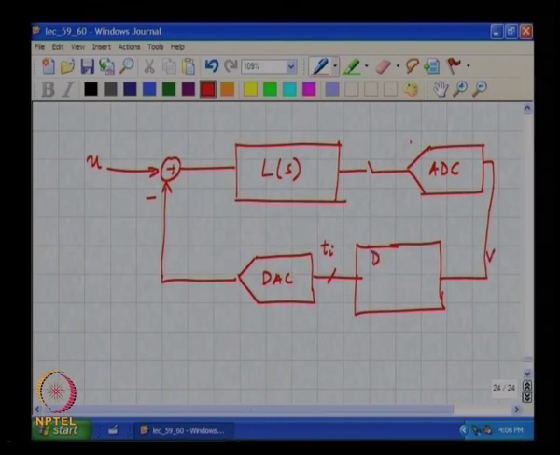This is called dynamic element matching, in the sense that the matching is not intrinsic. You are getting matching dynamically by doing stuff to the thermometer drive bits. This is often abbreviated as DEM.